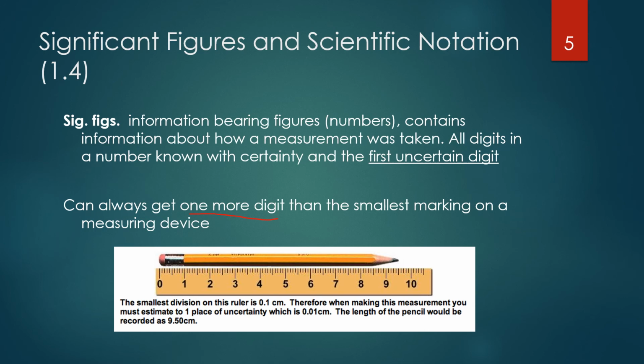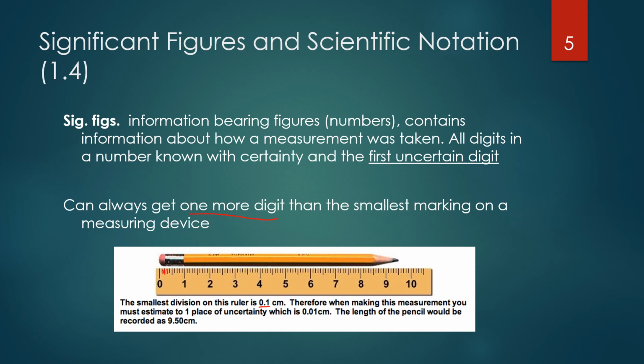Well, in this example here, we have a pencil being measured with a ruler. Now looking at this ruler, it has hash marks that go out 1 decimal place. So this would be 0.1, 0.2, 0.3, so on and so forth. So what this ruler does is it goes out to the 0.1 spot, 1 decimal place.